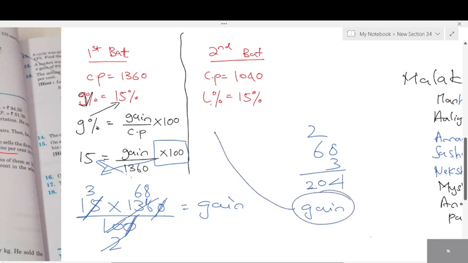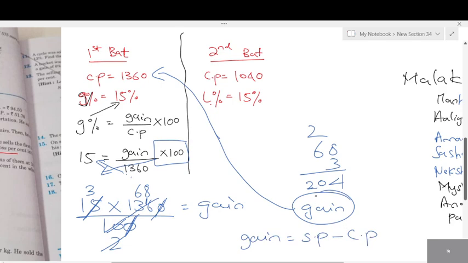We have gain and what else? Gain and cost price. With the help of gain and cost price, can we find selling price? Is it possible? Okay, what is the formula? Can you tell me what is the formula for selling price? I mean gain. Gain formula: SP minus, very good.